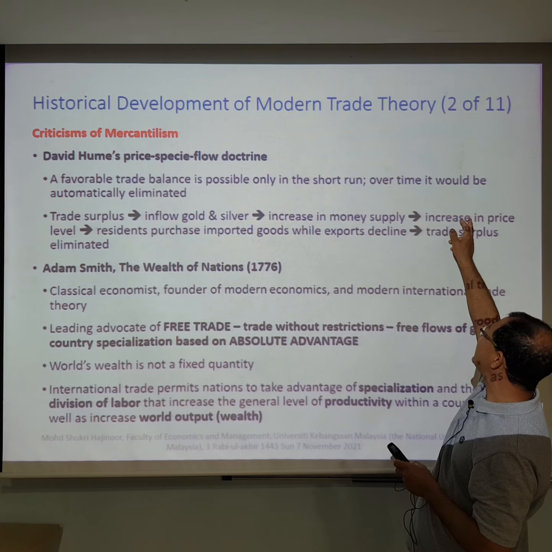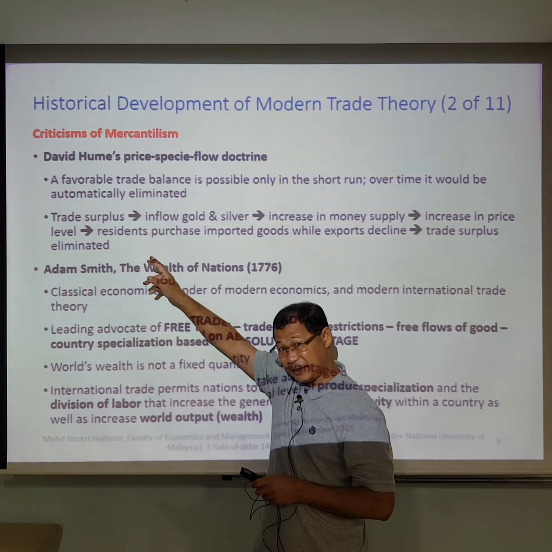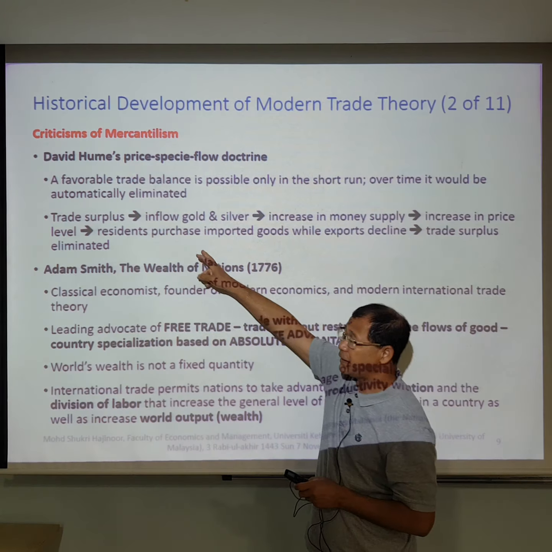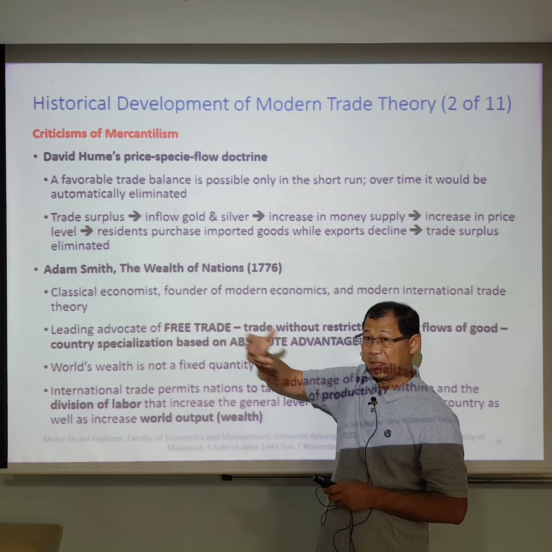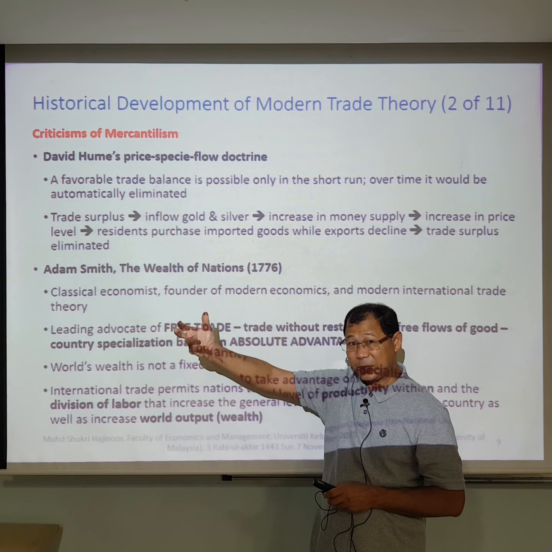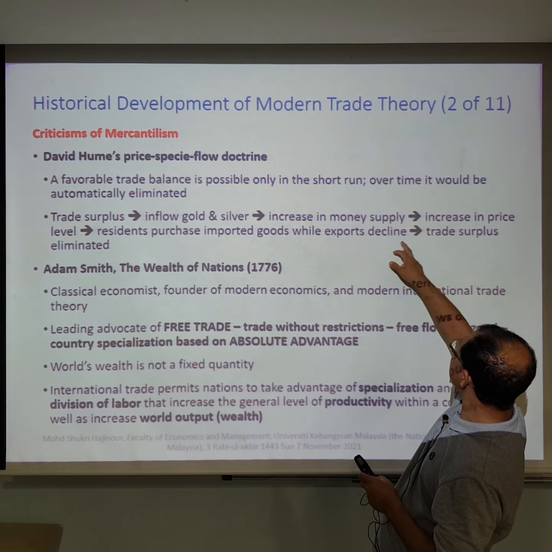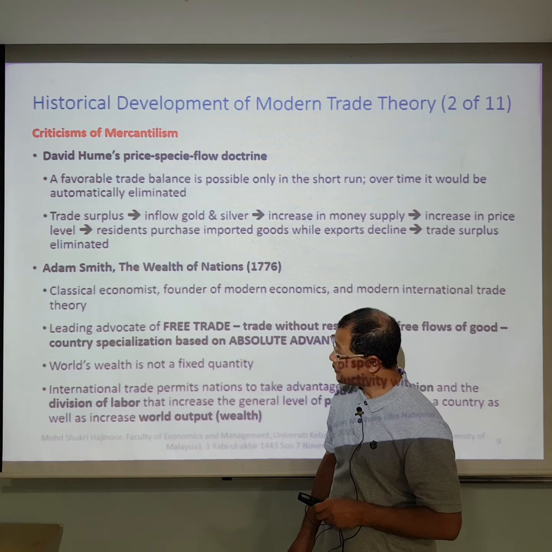So this will increase the price level in the country. When the price level is increased, products become more expensive. Residents want to purchase imports. At the same time, that country cannot export because the products became more expensive. So as a result, the trade surplus is eliminated.